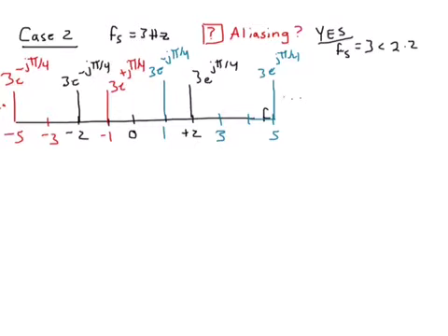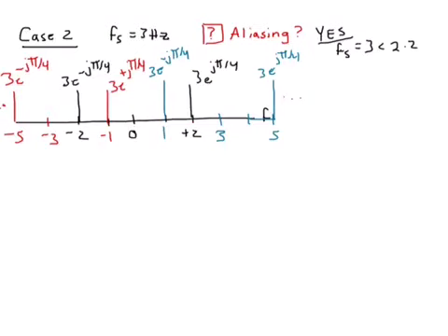Okay, so now the question is, well, what are we getting here? First let's think about what happens when we normalize the frequency axis. Let's notice one thing. Now, when we've drawn these copies, the copies actually show up inside of the original signal.